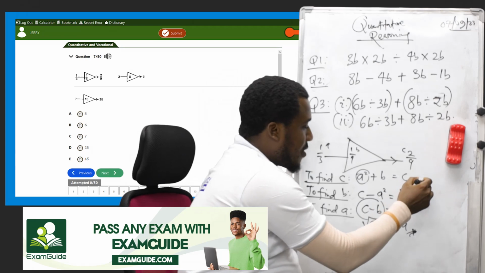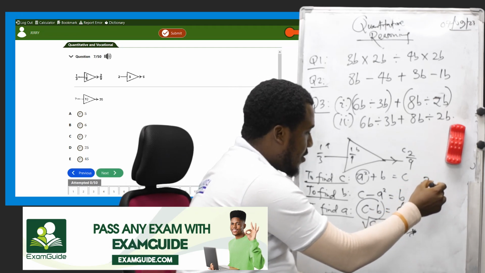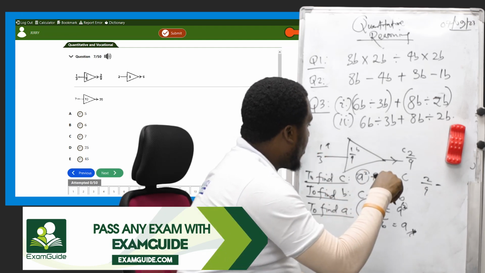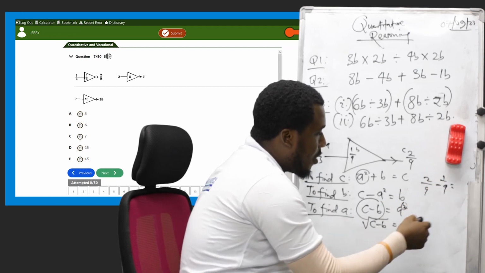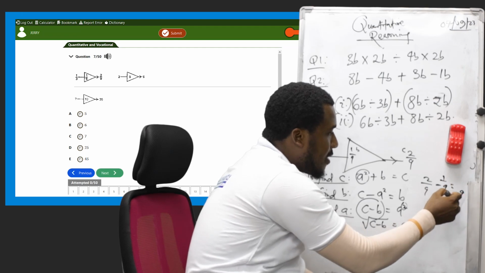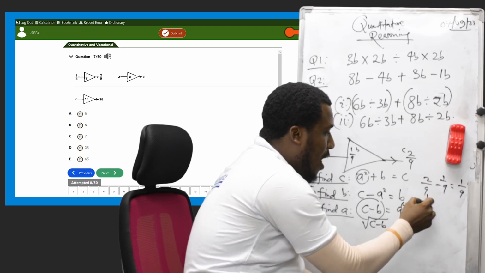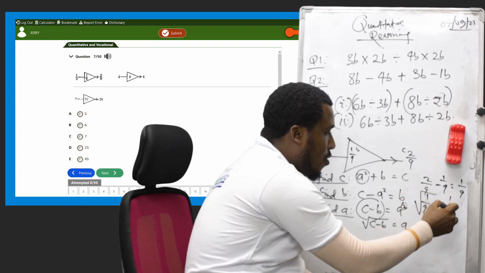What that means is C is 2 over 9 minus B, which is 1 over 9, equal to A. We don't know what A is. Now, because the denominators are the same, you can just put it over 9. The top will be 2 minus 1, which gives us 1. 1 over 9, square root of 1 over 9 becomes 1 over 3.